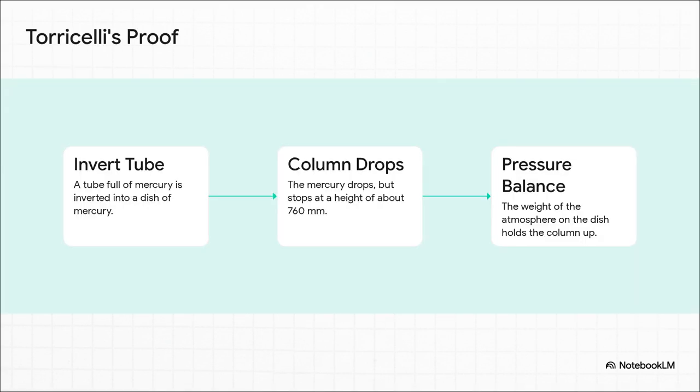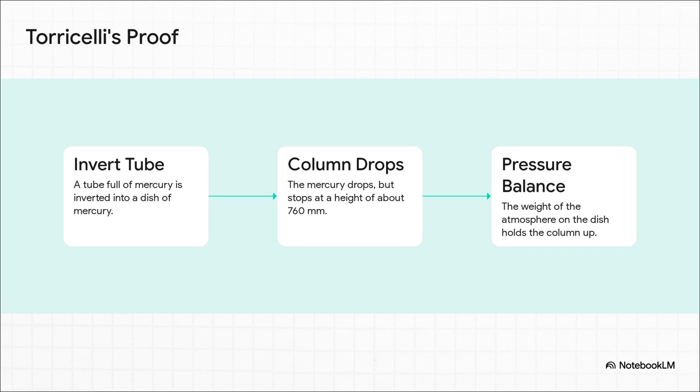So how do we know this pressure is real if we can't see it or feel it? Well, a physicist named Evangelista Torricelli proved it with a totally brilliant experiment. He filled a long glass tube with mercury, a really heavy liquid, and flipped it upside down in a dish of more mercury. The column in the tube started to fall, but then it just stopped, suspended in the air. What was holding it up?